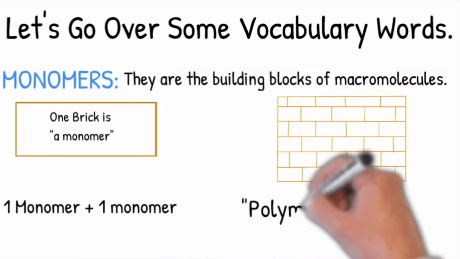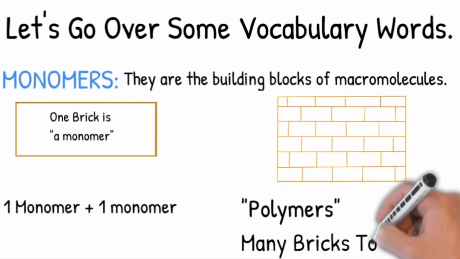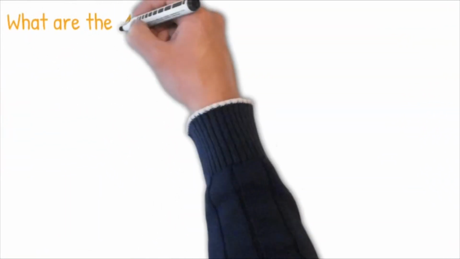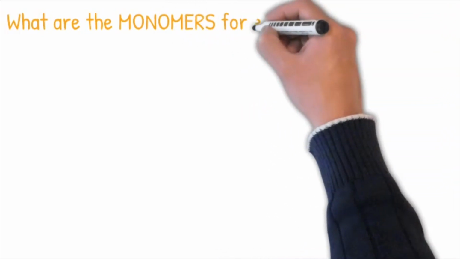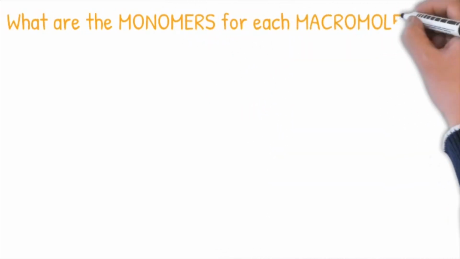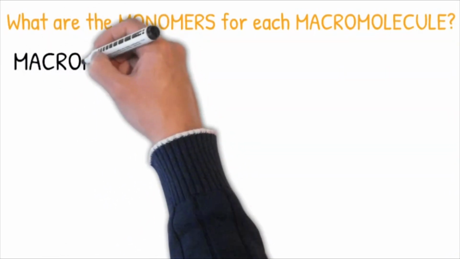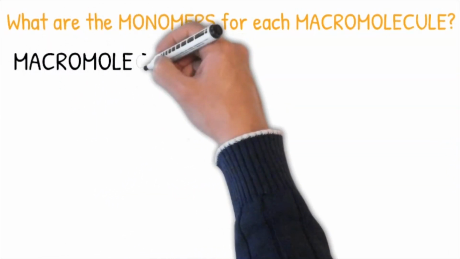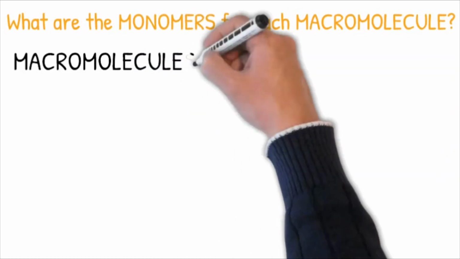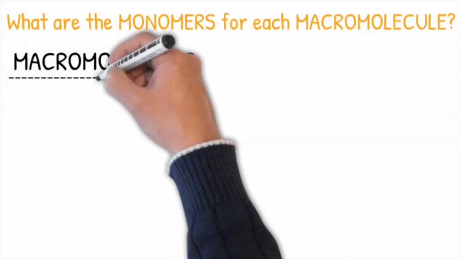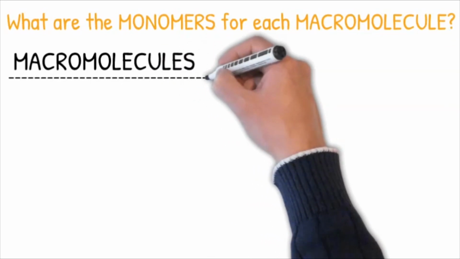So many bricks together will be a polymer. Again, monomers are the building blocks of macromolecules. And once you get to know the monomers of each of these macromolecules, you will be able to understand their composition and their chemical structure.